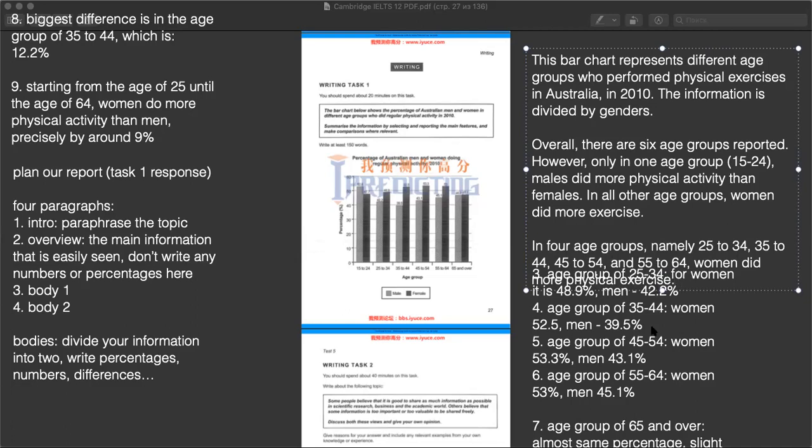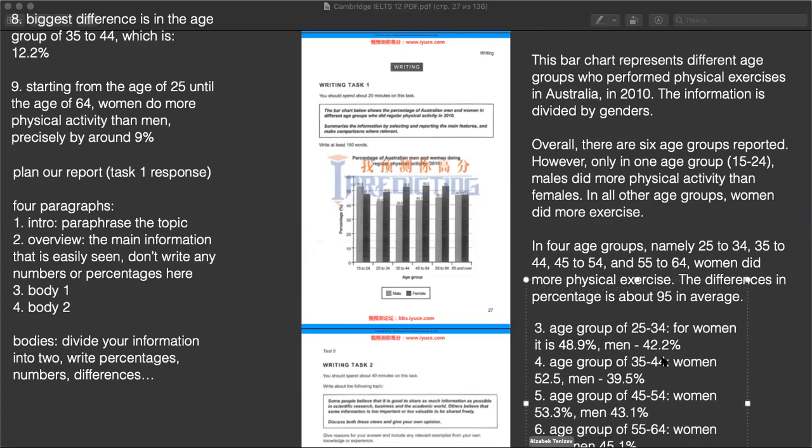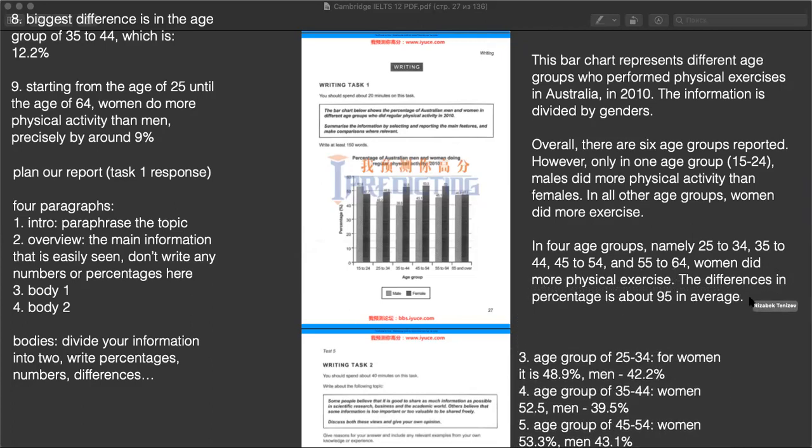The difference in percentage is about 9% on average. So we're skipping these numbers and writing it like this, on average.